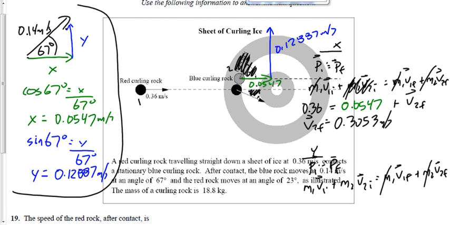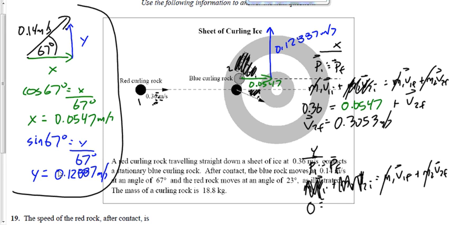How much of that 0.36 is on the y-axis? Ian? How much of that 0.36 is going up or down? Look at the picture. None of it. 0. Right? This one's not moving at all, so the total initial momentum is 0.